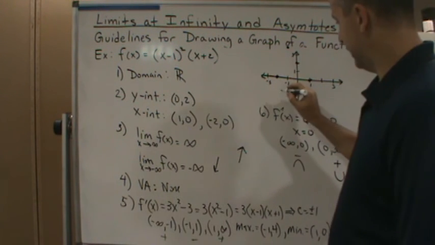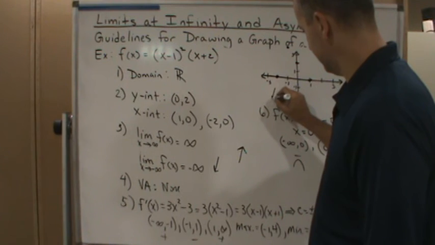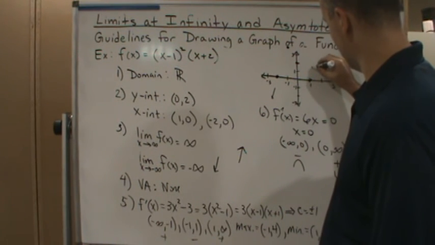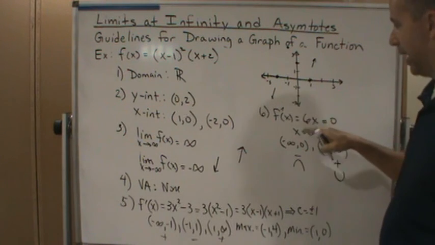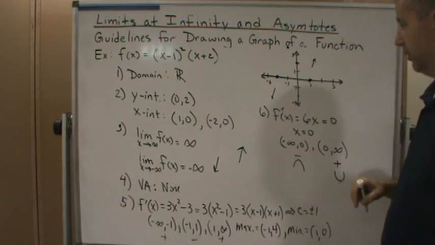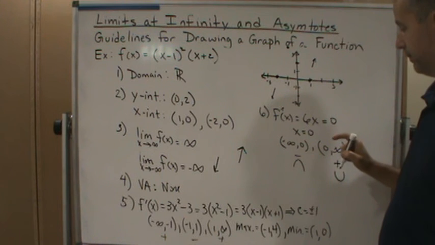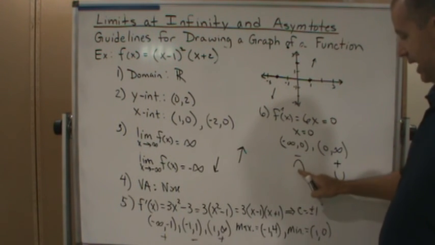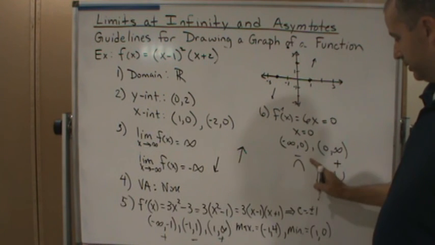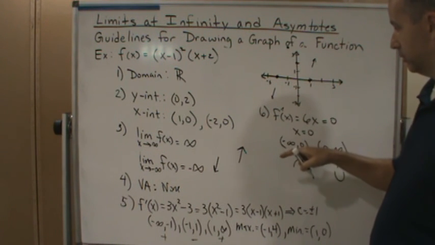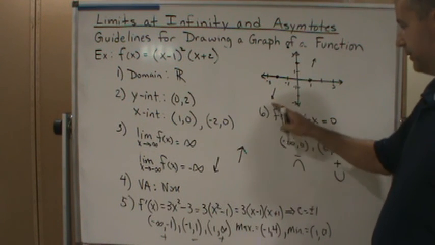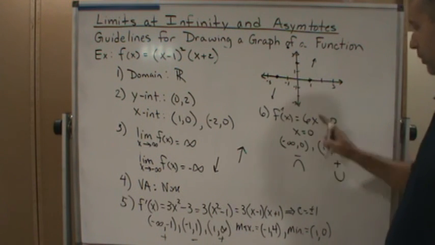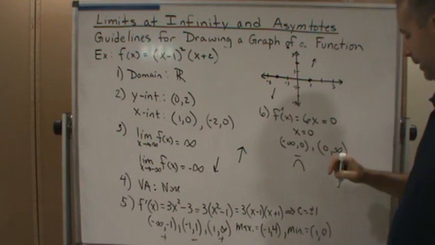So I know it goes down here like that, and I know it has to go up over here. And so there's a lot of information. So I can already graph this thing based on what I have graphed. Now it says concave down to the left of 0, concave up to the right of 0. Okay?